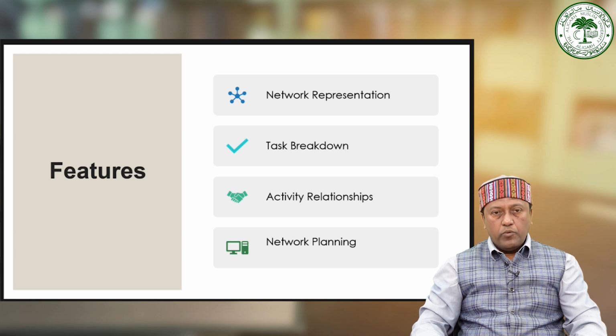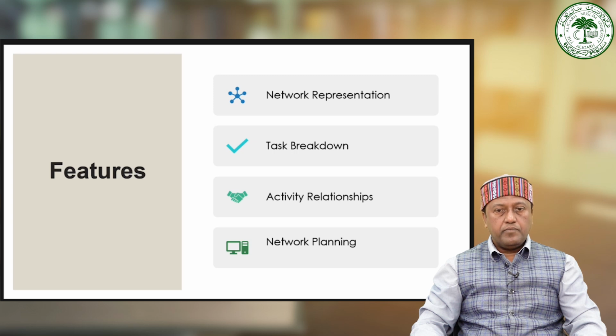Then task breakdown. The entire project is divided into smaller components known as tasks, and each task is then analyzed to determine the activities and events associated with it. And then we have activity relationships. Each activity is identified along with its preceding and succeeding activities.